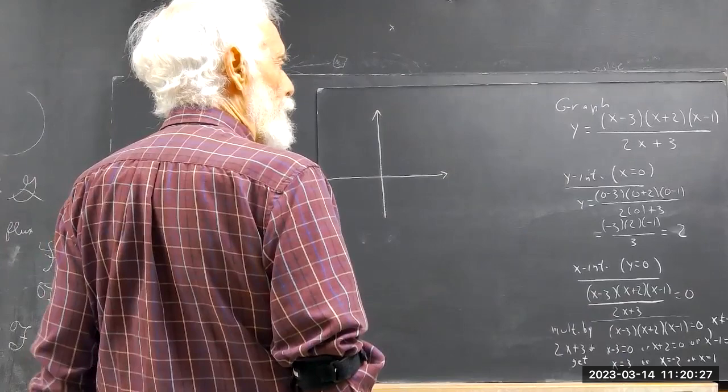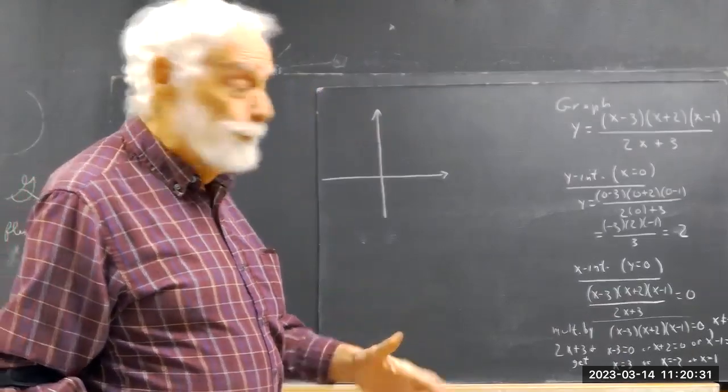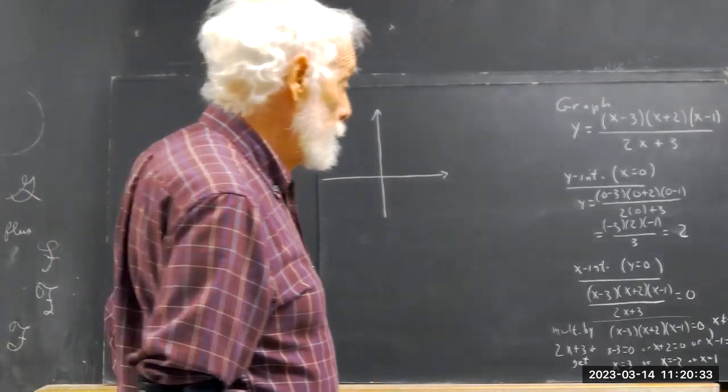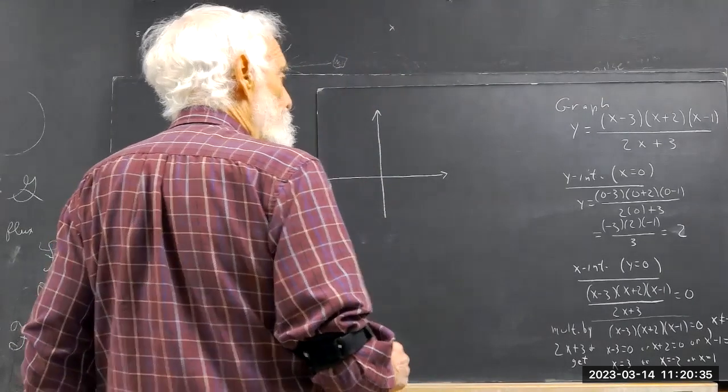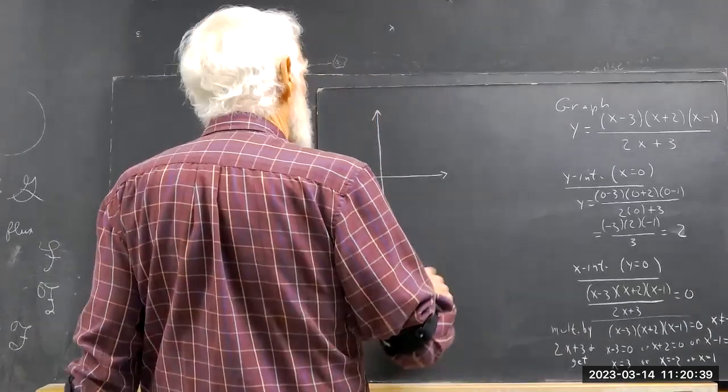It's probably a good idea to find the zeros of the denominator as well before we write down all our information. So I'm going to wait till we do that.